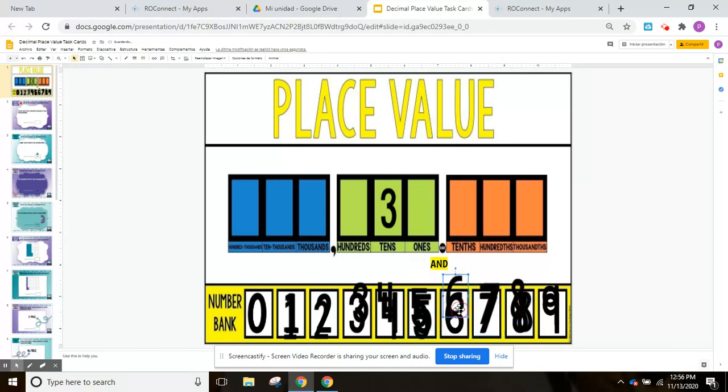Okay, uno más. The more we practice, the better we will get. If you don't understand it now, we will understand it when we practice more. So voy a poner este número. Okay? I'll give you 30 seconds para que trates de leer este decimal.